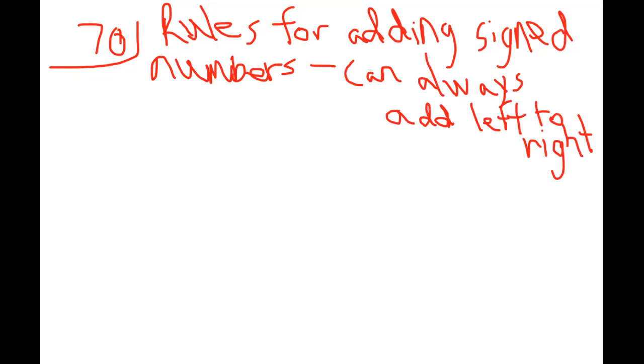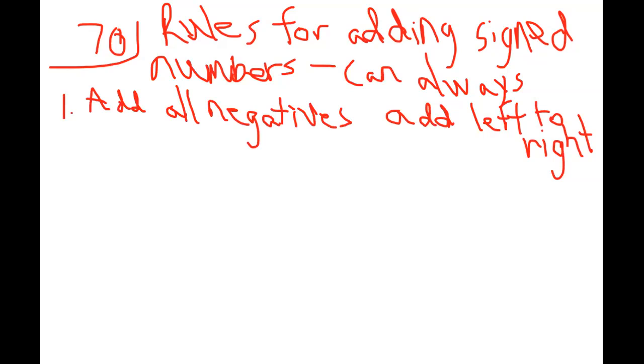If you had more numbers, there are a couple of things to remember here. We can add all the negative numbers we have. So add all negatives. And then that will give us a negative number. Then we'll just add all of our positives.